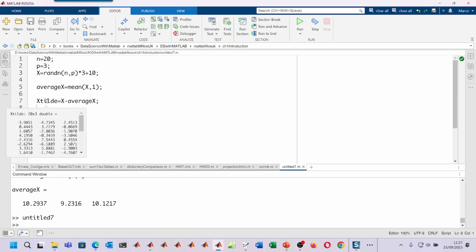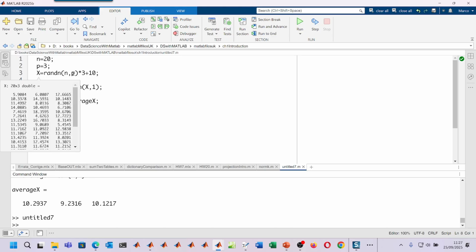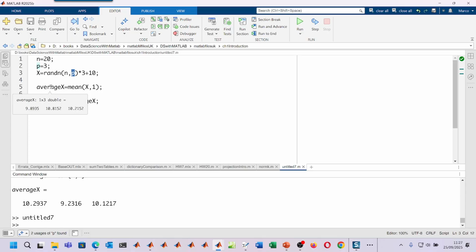Now, what is the mean now of each column of x tilde? So this is the original matrix. The original matrix has the averages.